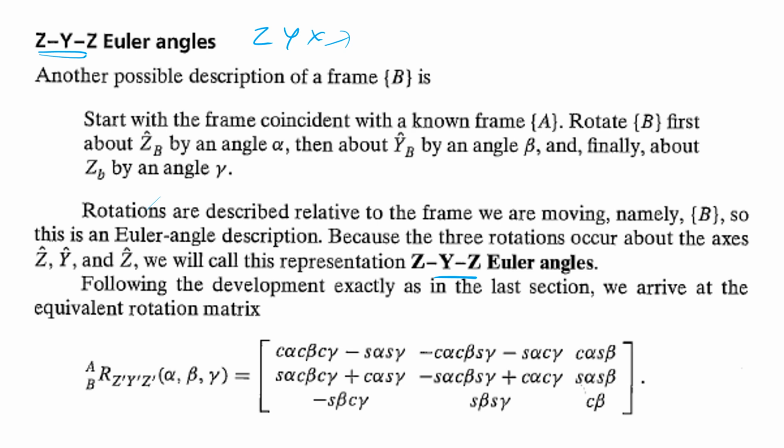First, rotate along z by an angle of alpha. Then it is post multiply. What is the next one? Rotate the frame B about the y axis by an angle of beta. Then rotate about z by an angle of gamma. Multiply everything and you can get the answer. Likewise you can do it this way. This is called Euler angle rotation.